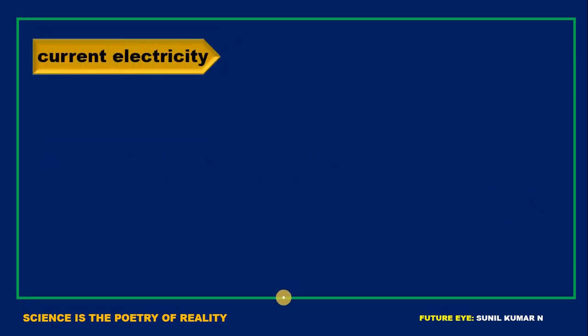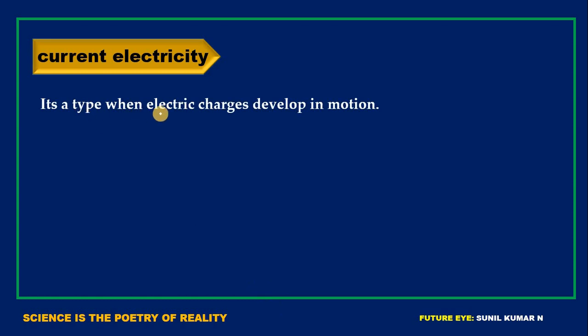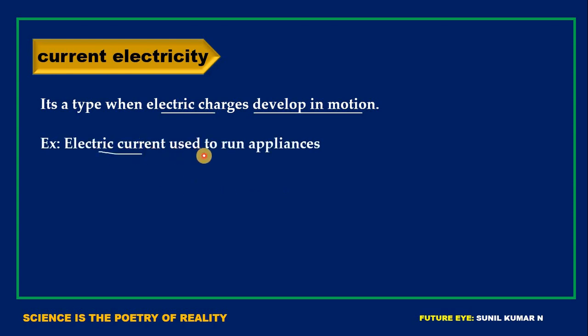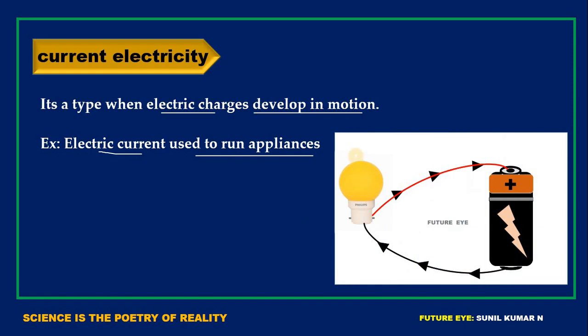Next, let us see the second type, that is current electricity. It is a type when electric charges develop in motion. Example, electric current used to run appliances. Look at the figure here. I have connected a bulb to a battery.